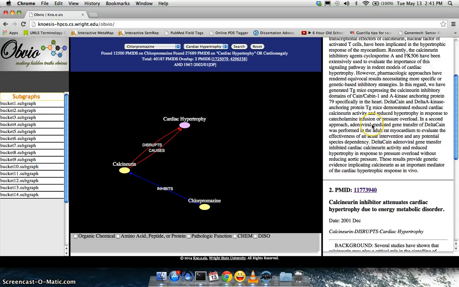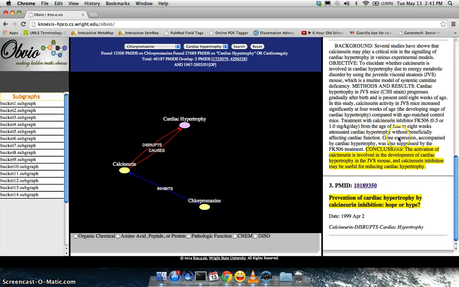The second article states more clearly that the activation of calcineurin is involved in the development of cardiac hypertrophy in the JVS mouse, and calcineurin inhibition may be useful for reducing cardiac hypertrophy. That is, calcineurin indeed causes cardiac hypertrophy, not disrupts, as suggested by the predication.